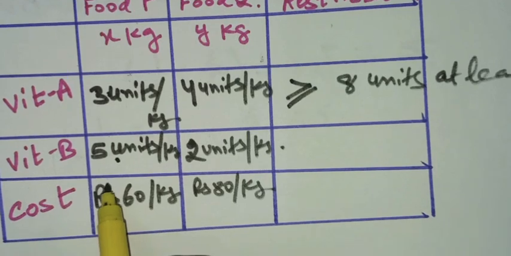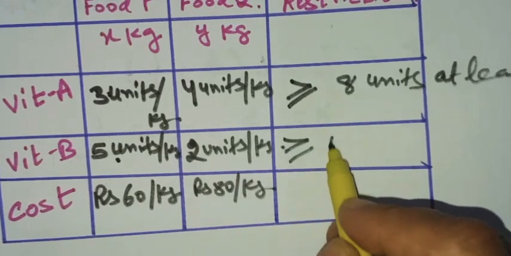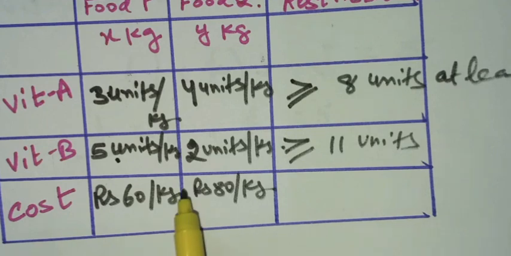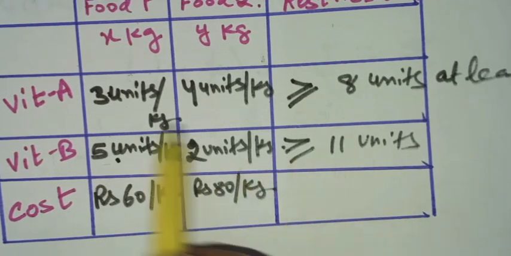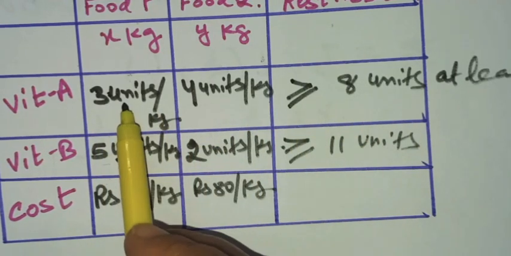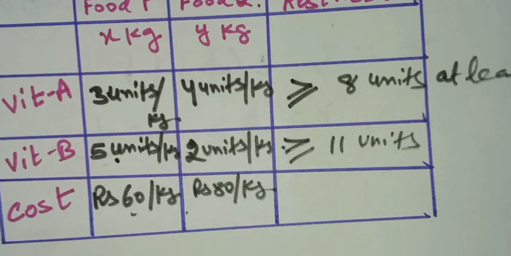And similarly, the food mixture will contain at least 11 units of vitamin B. So this plus this shows the total vitamin B in the mixture, and this plus this shows the total vitamin A in the mixture. These are our two constraints, and this gives us the cost price. Now with the help of this table we can formulate the linear programming problem.